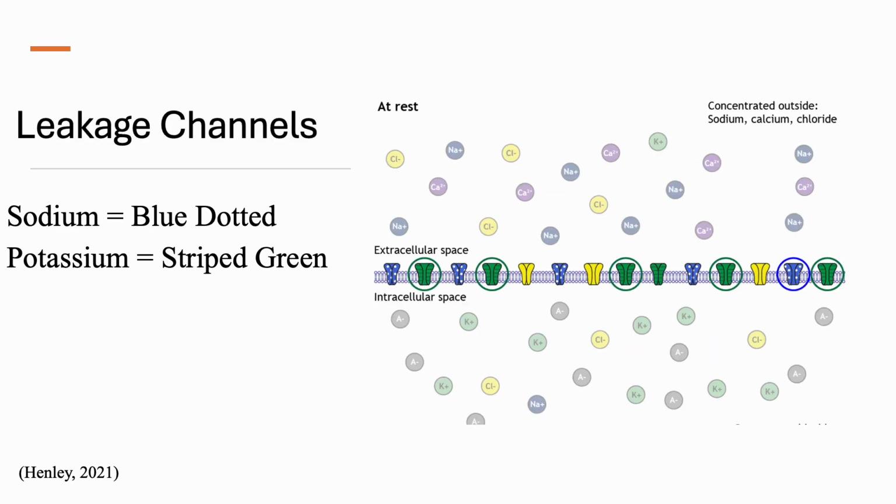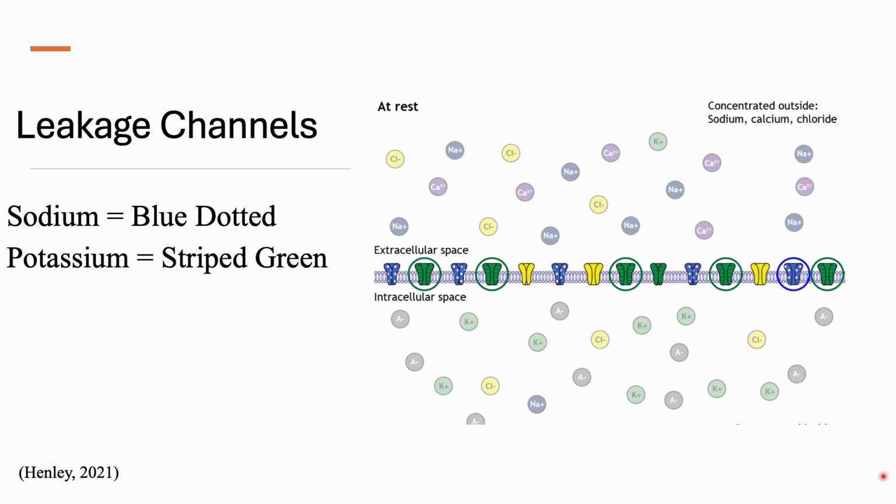So I'm going to focus on the sodium and potassium channels here. In this slide, you will hopefully be able to better see that there are more potassium non-gated ion channels when compared to sodium channels, which are shown circled in blue, versus the green ones circled in red.